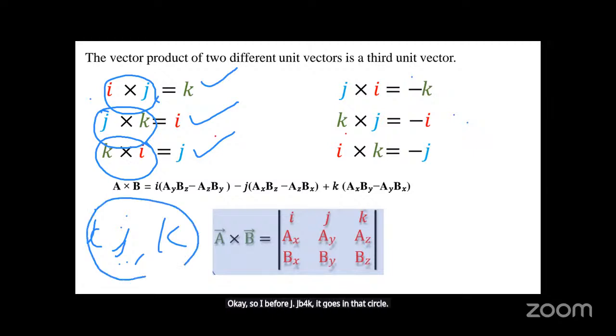If I put I before J, I'll get a positive K.